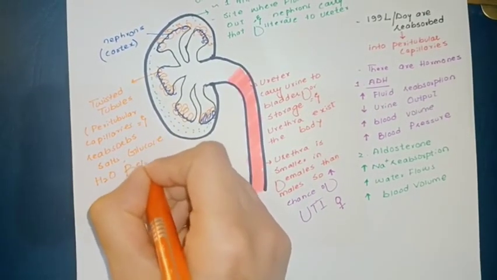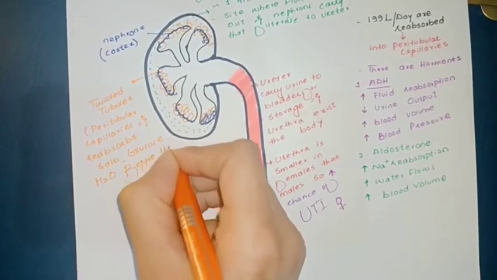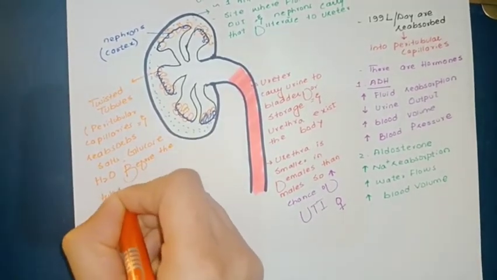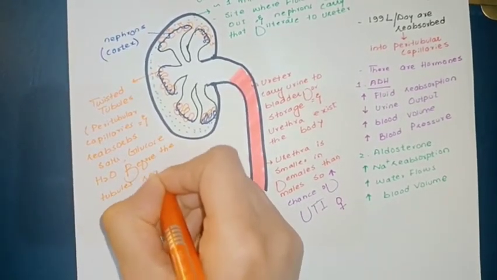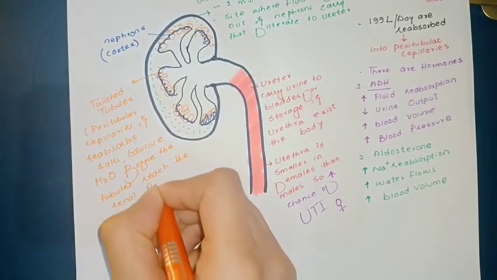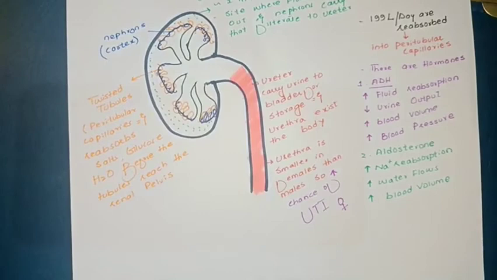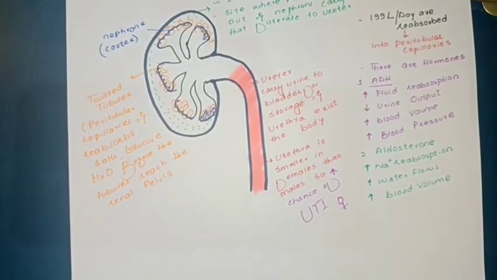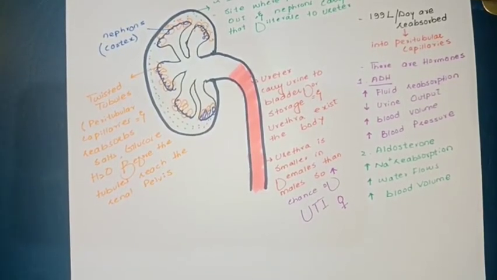Before the tubules reach the renal pelvis. So where does the renal pelvis exist? The renal pelvis exists here.